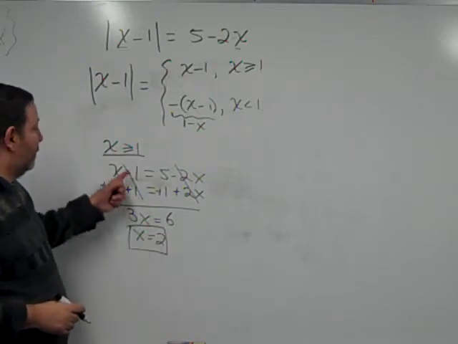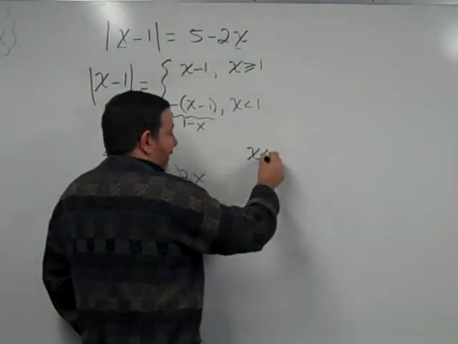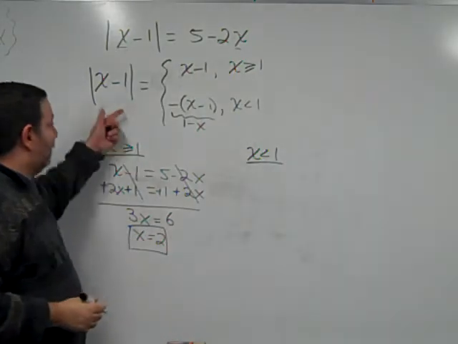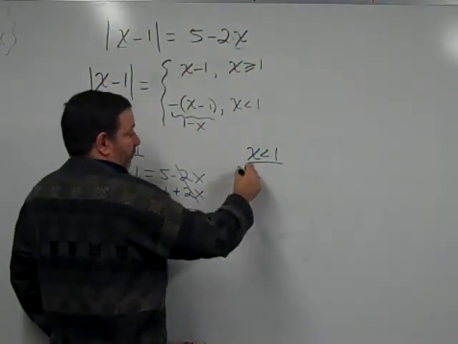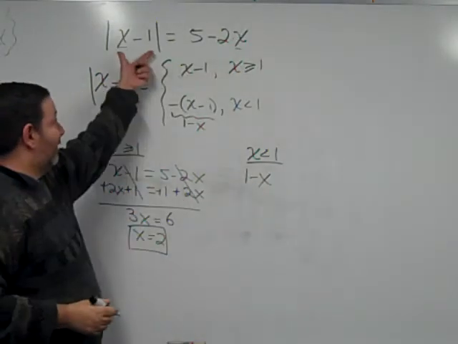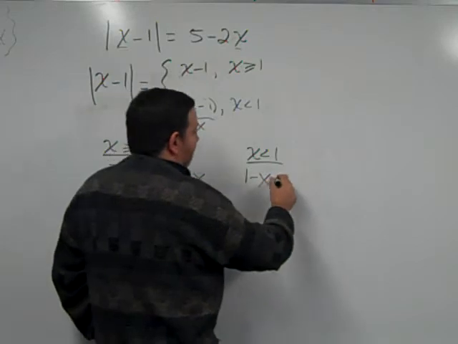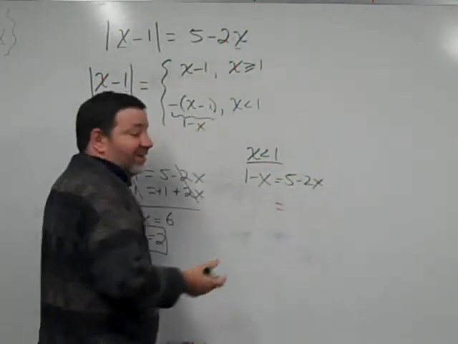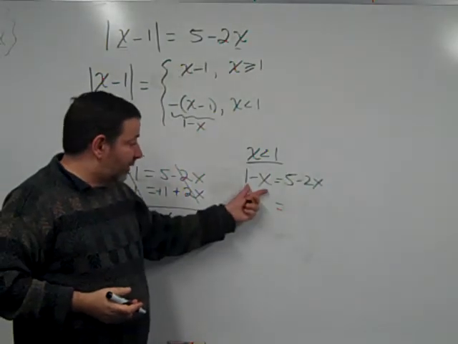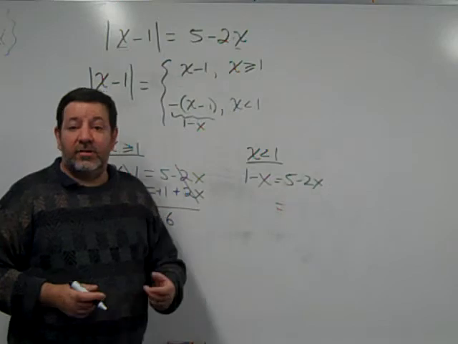What about when x is less than 1? When x is less than 1, the absolute value of x minus 1 is 1 minus x. That is, the left side of the equal sign is 1 minus x. The right side is 5 minus 2x's. Still, the left side has more x's. The left side has negative 1 x's. The right side has negative 2.